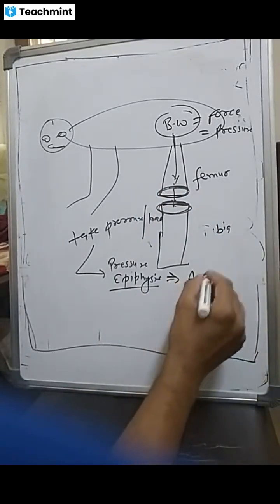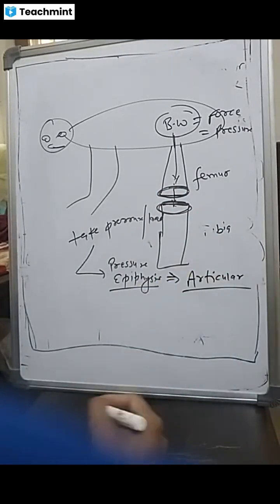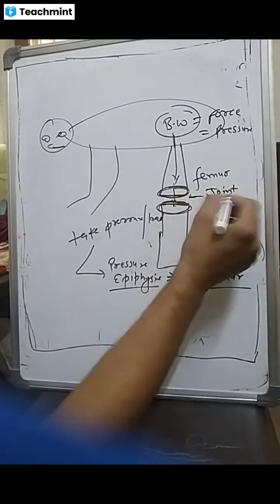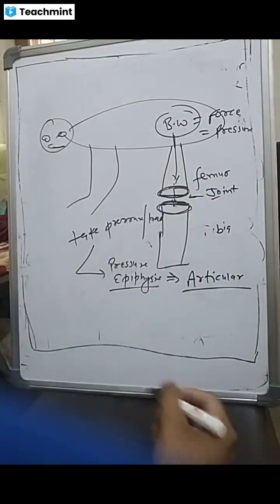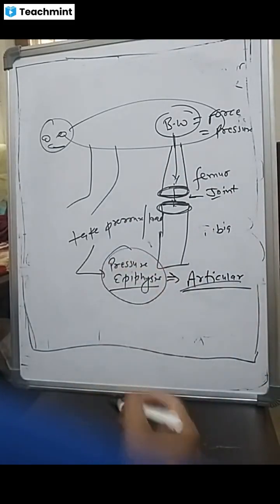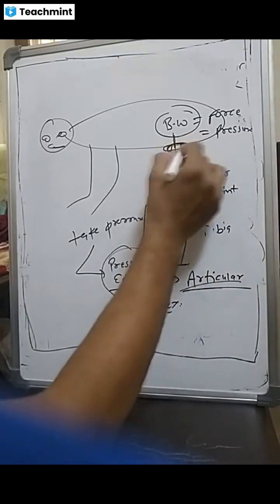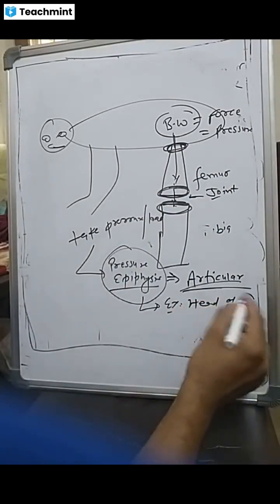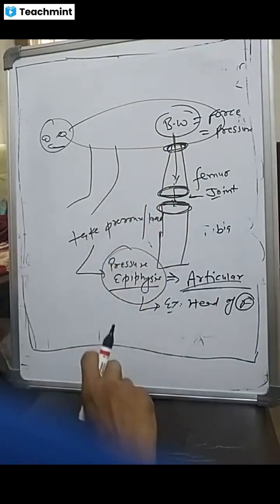They are articular in nature because here we have a joint. They are part of the joint. So the MCQ is: pressure epiphyses are articular in nature. What are the examples? If we start from here, the head of the femur is a pressure epiphysis.